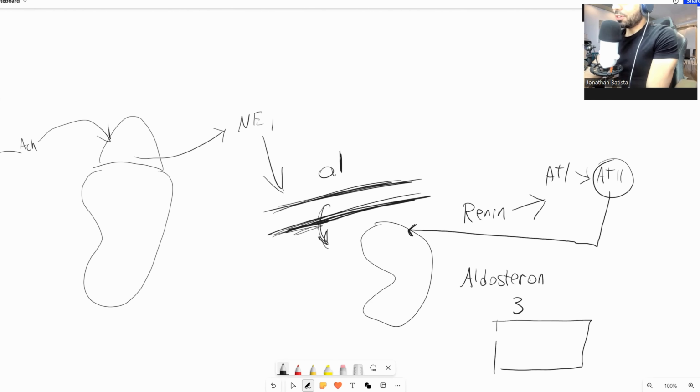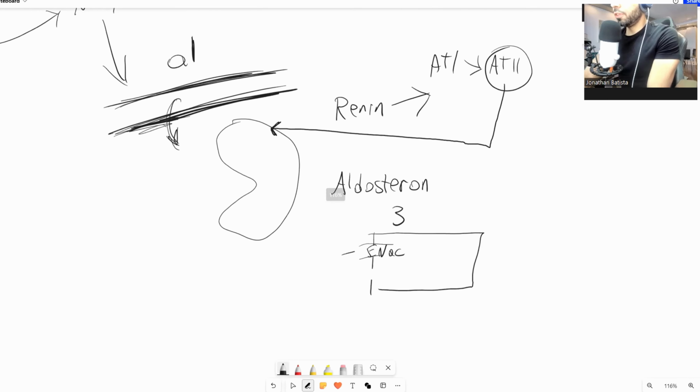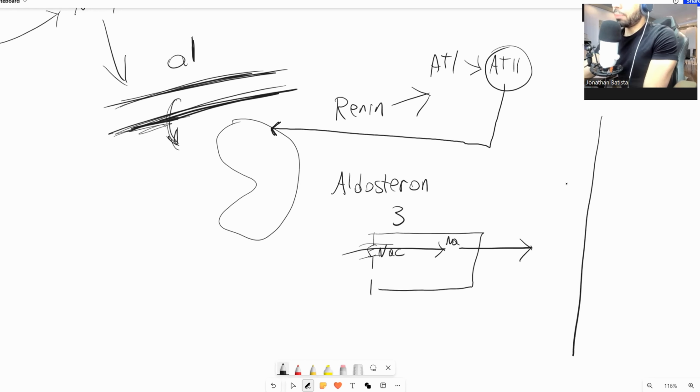And one of those jobs is the upregulation of ENaC. ENaC has to do with the reabsorption of sodium. Sodium makes its way back into the bloodstream, but not by itself. It brings with it H2O. And remember we said H2O volume equals preload.